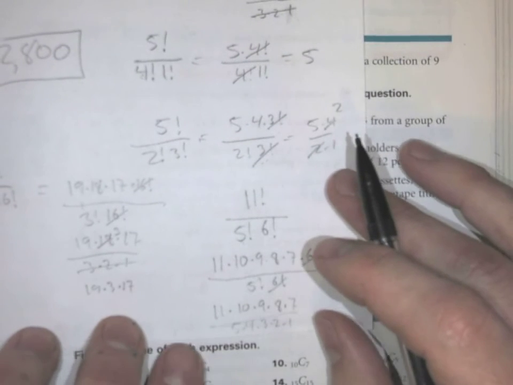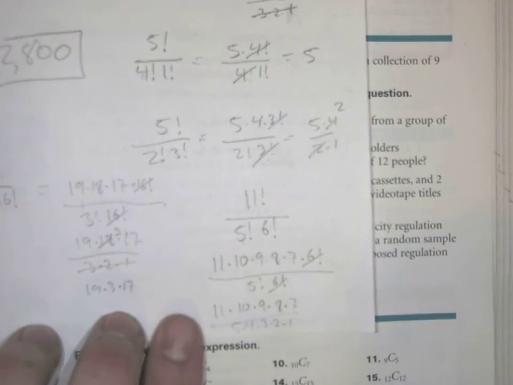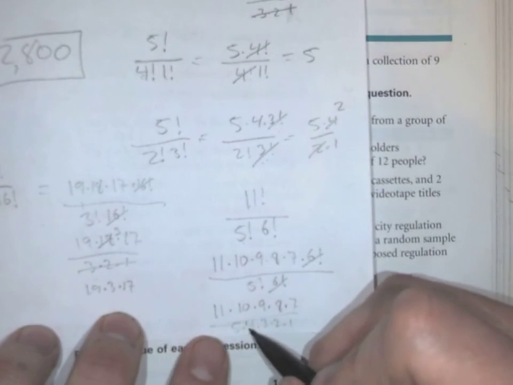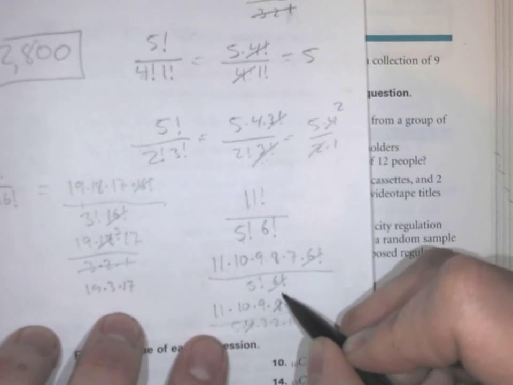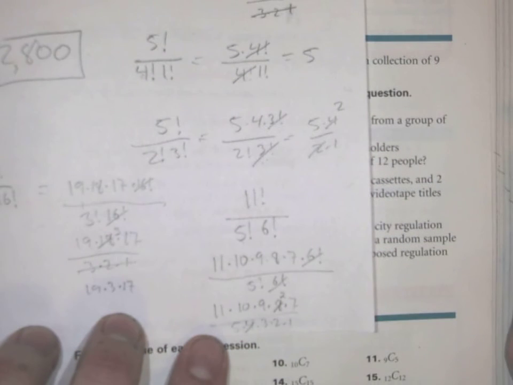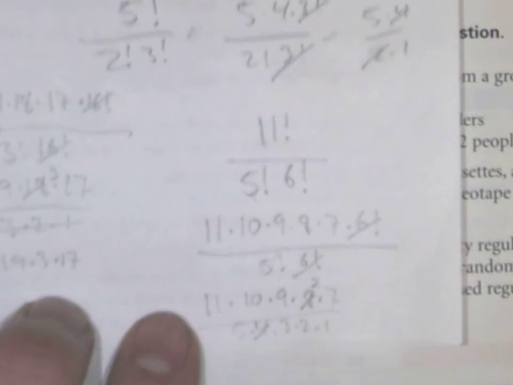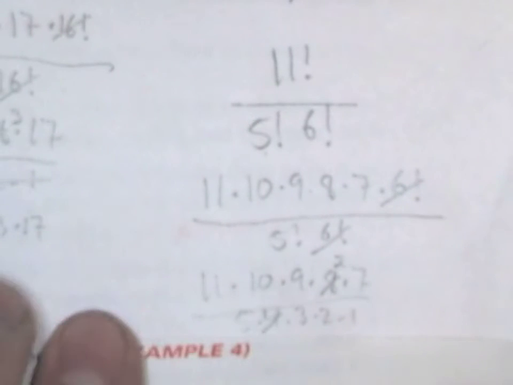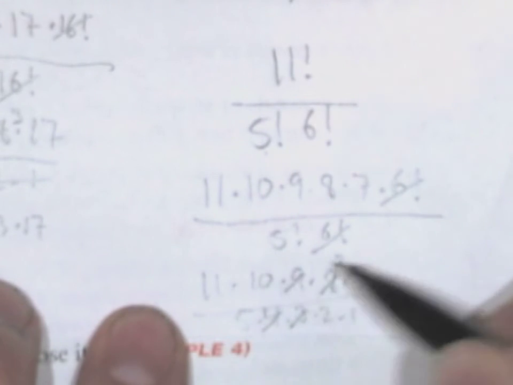We might have to just do this a piece at a time. So let's cancel a 4 here with a 4 that's in the 8. So there's a 2 there. And then we're going to cancel a 3 here that's in the 9, so there's going to be a 3 left over there. Let me refocus here.